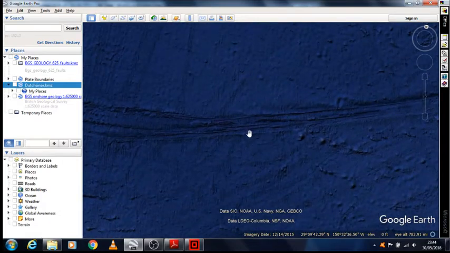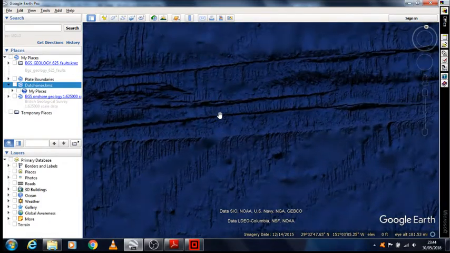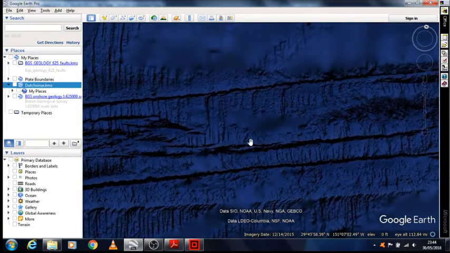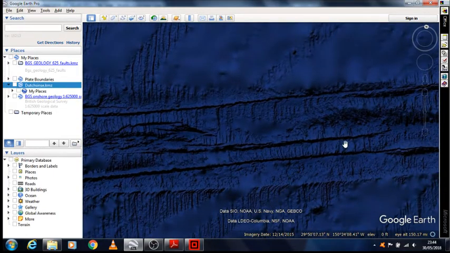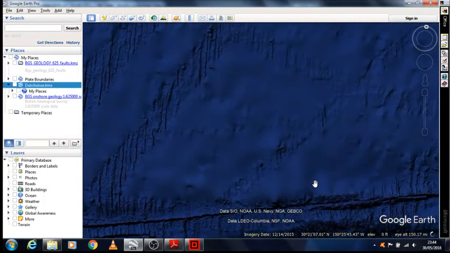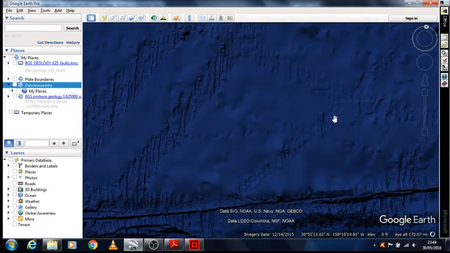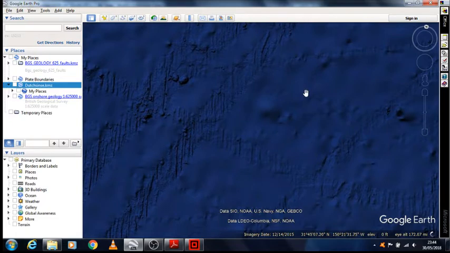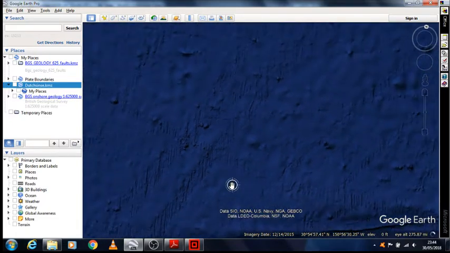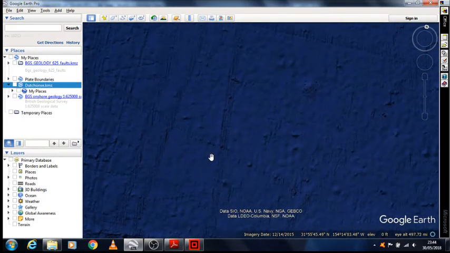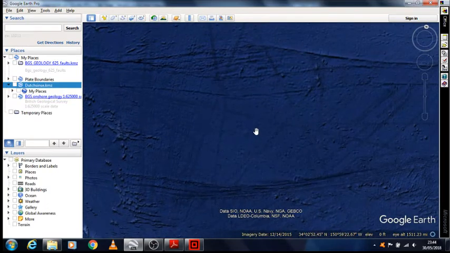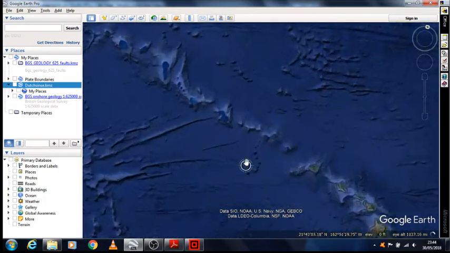So if we look closely here, we've had ships that go along here and survey this area. You can see that they've gone and done certain parts, and then this is not done so clearly, and it gives you an idea of how much of the ocean has not been explored, really.